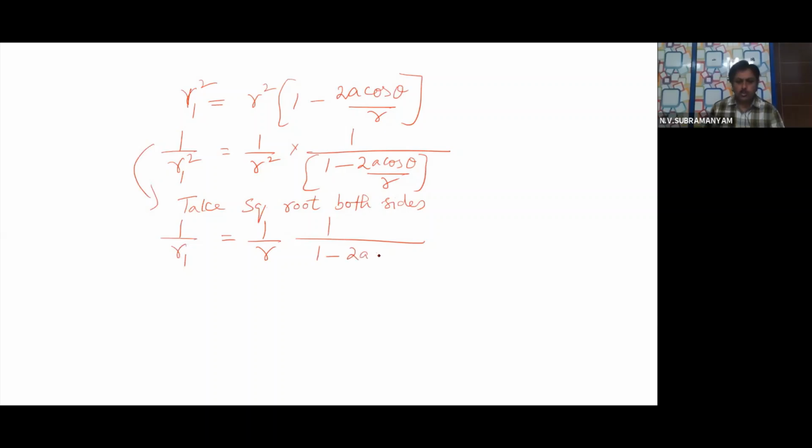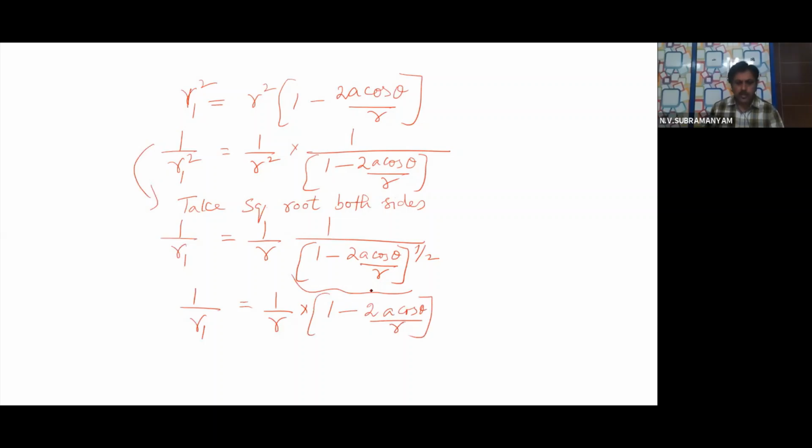1 minus 2a cos theta by r whole power 1 by 2. Square root means power 1 by 2. Now this is 1 by r1 is equal to 1 by r into this 1 minus 2a cos theta by r. If I take it to the numerator, it will become 1 minus 2a cos theta by r.